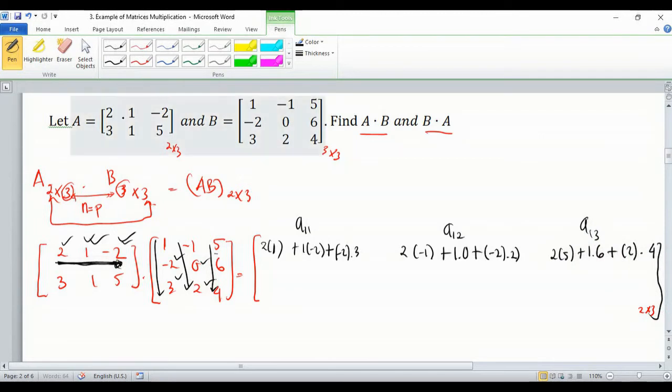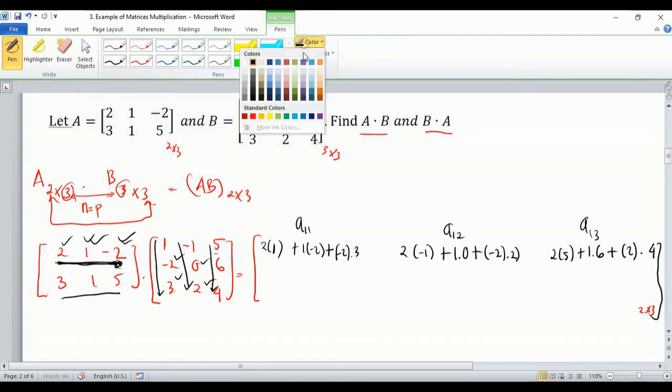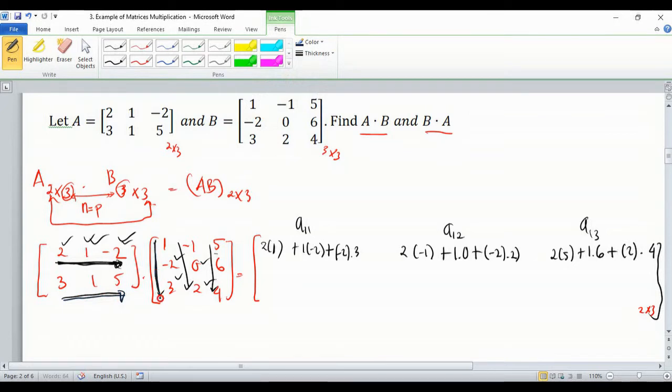Now we will find the second row, with the color blue. Second row with the first column: 3 times 1 plus 1 times -2 plus 5 times 3. Then the second column: 3 times -1 plus 1 times 0 plus 5 times 2.